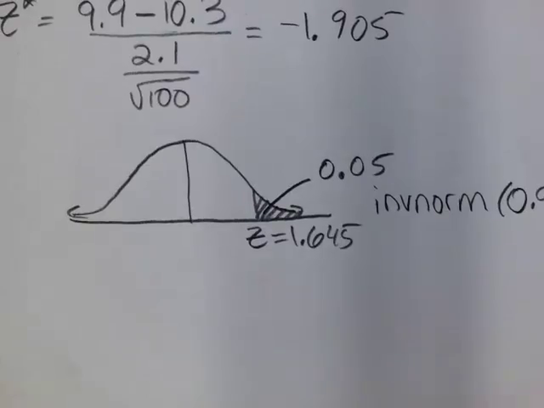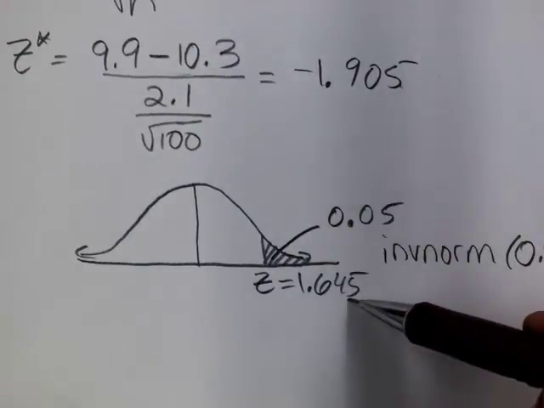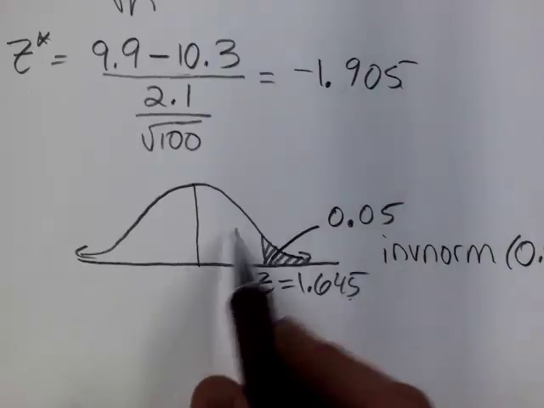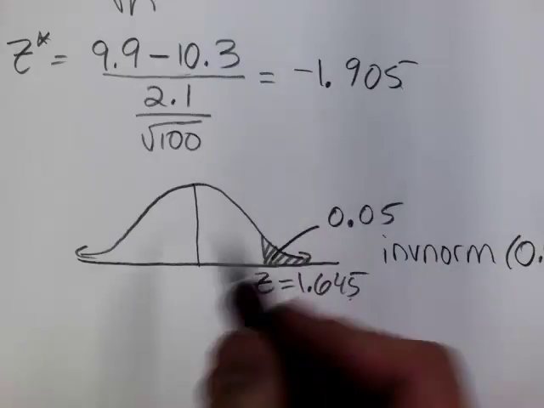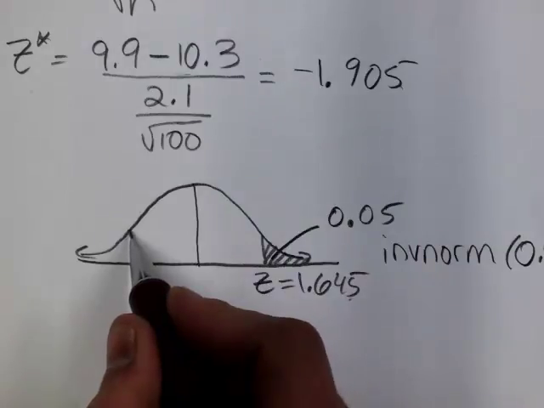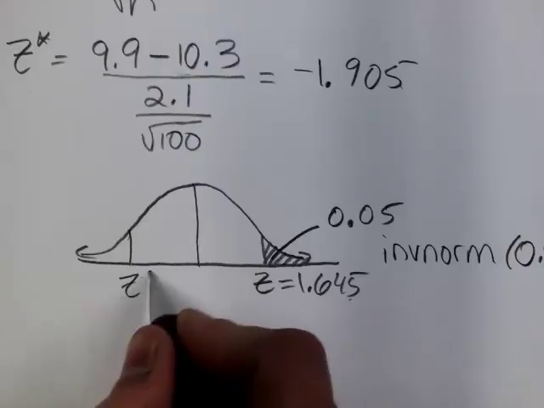Looking at where the test statistic lies with respect to the critical value, we're way over in the fail to reject region. In fact, we're almost 2 standard deviations below the mean. So Z star is down here.